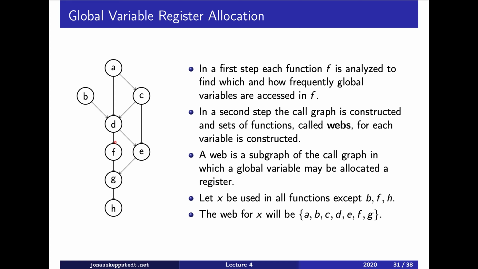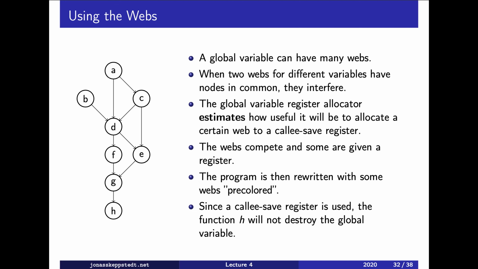So we simply say that f is in the same web, but h is not, since there's no point in requiring that h allocates a register to x, since it's not needed. That's the basic approach.